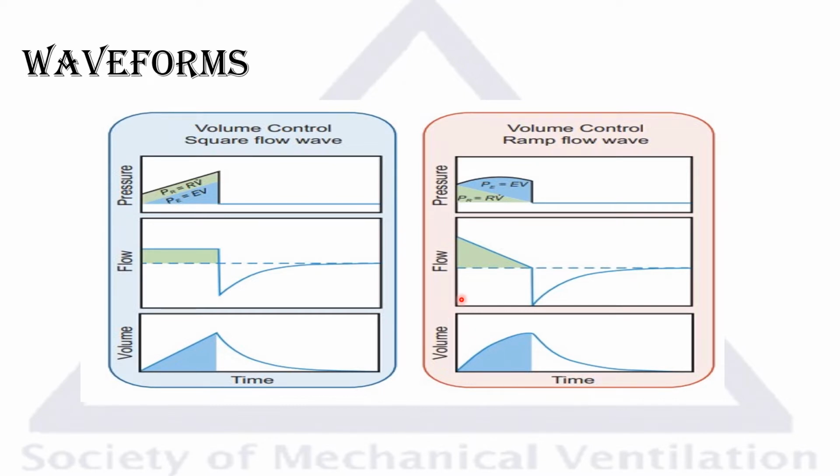Now there's a lot of discussion about which one is better. Should I use the square waveform or the ramp flow waveform? With the square flow waveform, you can usually dial the flow, so as you can see here, it uses a little bit less flow.